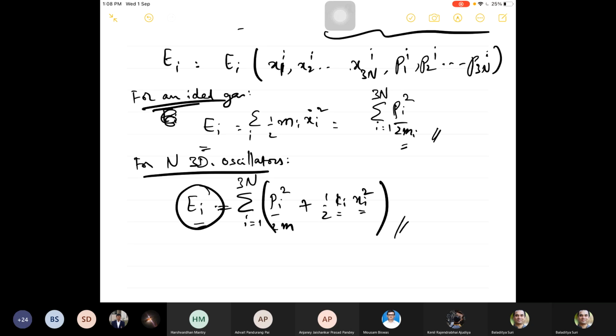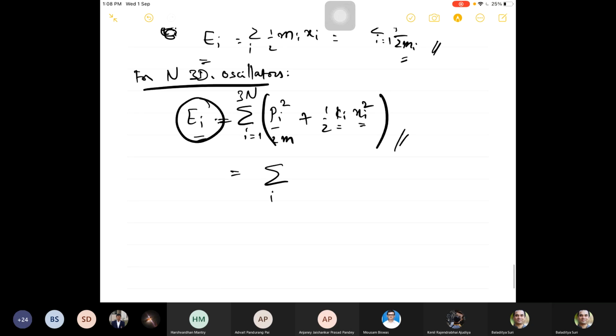If you want a collection of n magnets in a magnetic field, you would have something like the summation over i of minus mu_i dot B. Why not? Right? For n magnets.